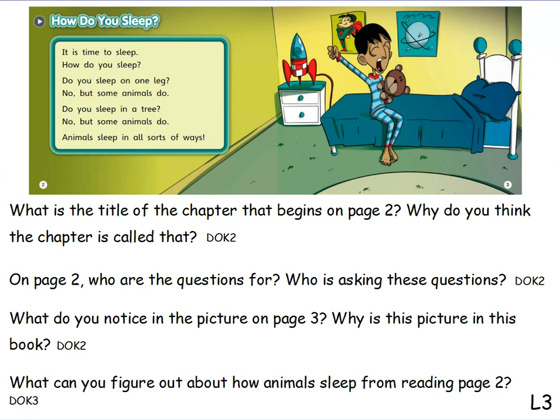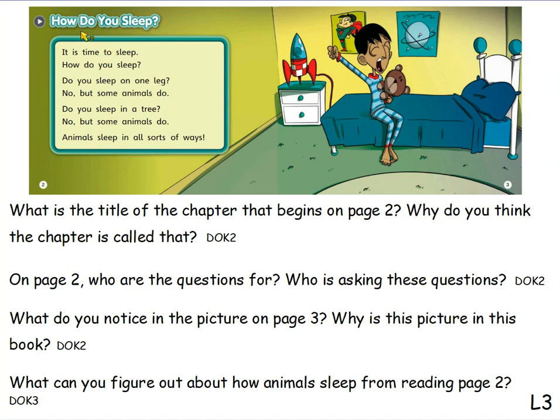So I'm going to come up here and I'm going to look on page 2. And looking on page 2, can you find the title of the chapter? Do you see text on the page that looks a little different? If I look up at the top, I see this text is much bigger and bolder and different than the text on the rest of the page.